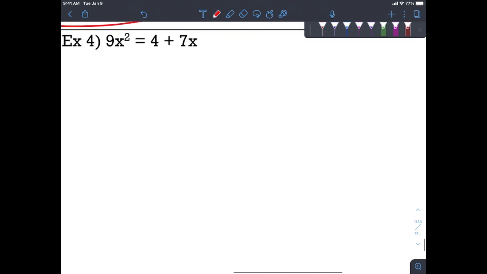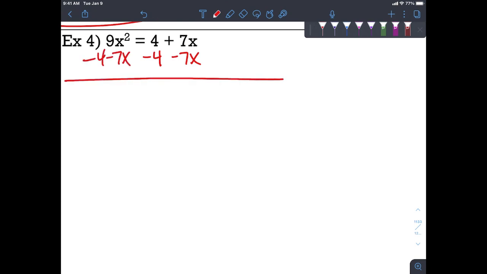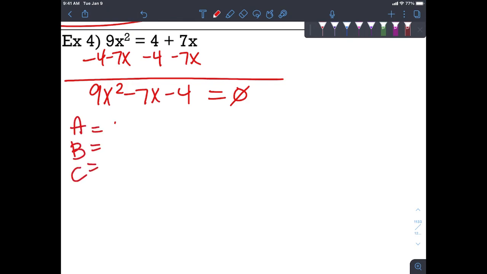So, another one. I'm going to move both of these items over to the other side. Now I can go ahead and go through my process. So A, B, C, 9, negative 7, negative 4.